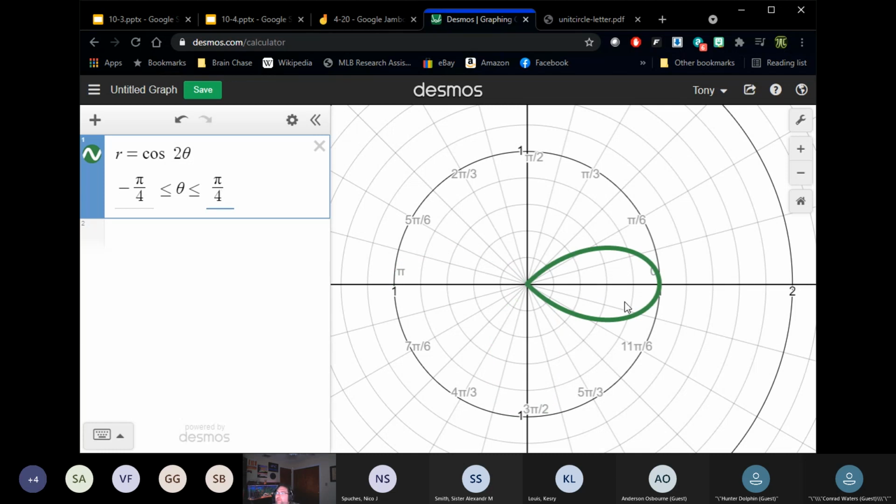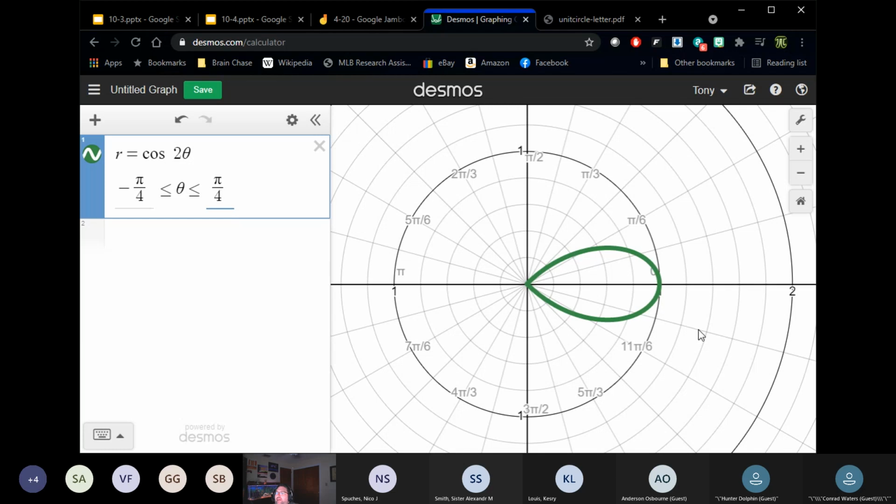What do you notice about that one leaf, though? That could cause us problems if we were looking for the area of it. The top part here is the same as the bottom part here. So if I looked for the area from negative pi over 4 to pi over 4, it's going to be 0 because they'll cancel each other out.